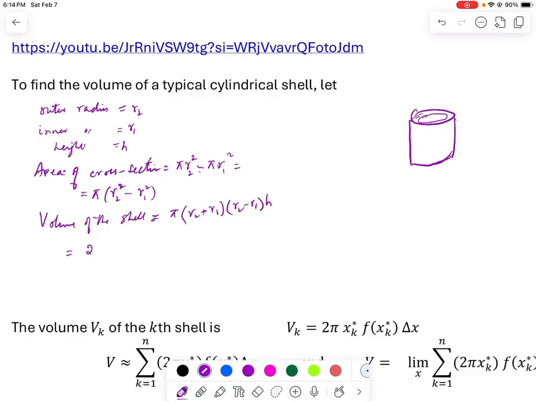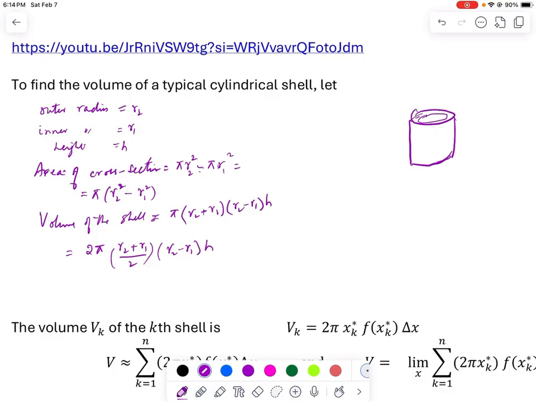So it is 2 pi. I am multiplying by 2 and I will divide this term by 2. And then I have R2 minus R1 and H. So let's see what these things are.